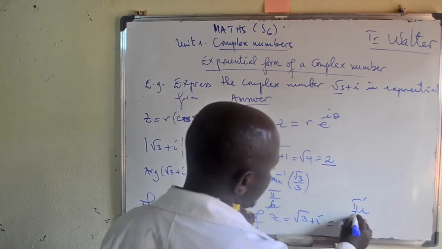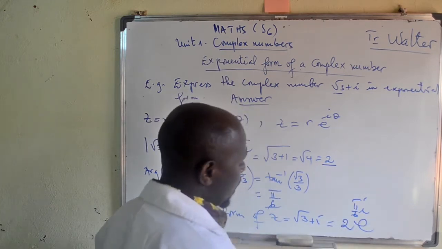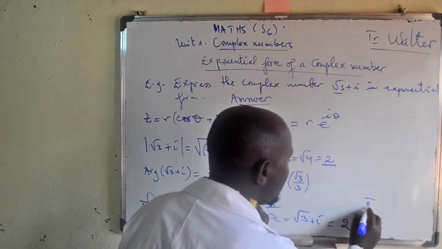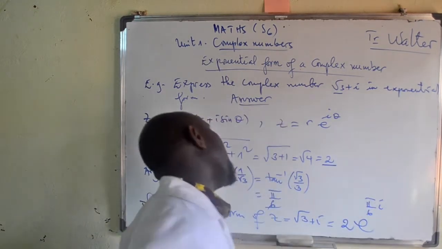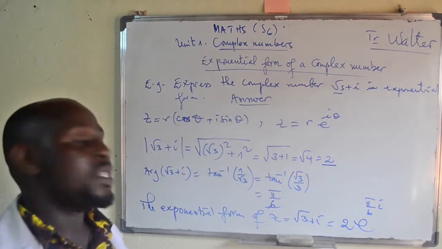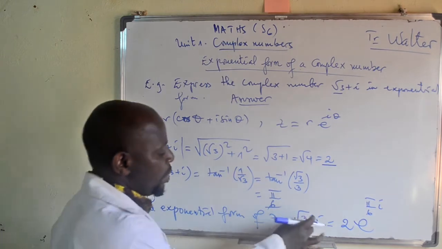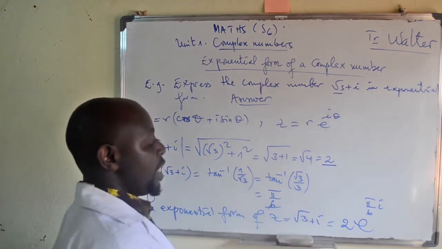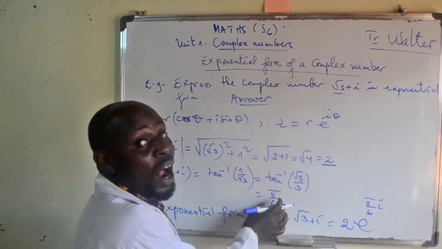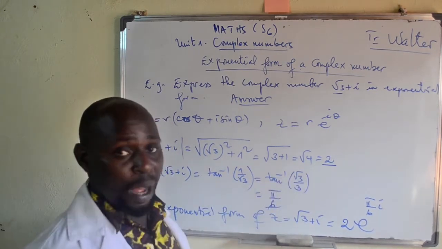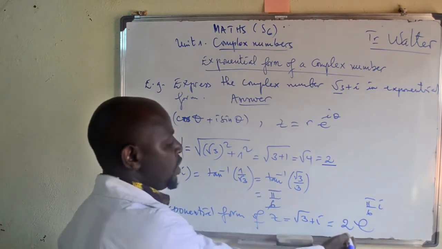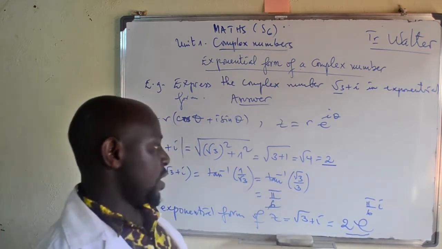So this is the exponential form of our complex number, or maybe better, e power pi over 6 times i. All we have done is find the modulus and the argument, as we do for the trigonometric form, and then express it in this form.